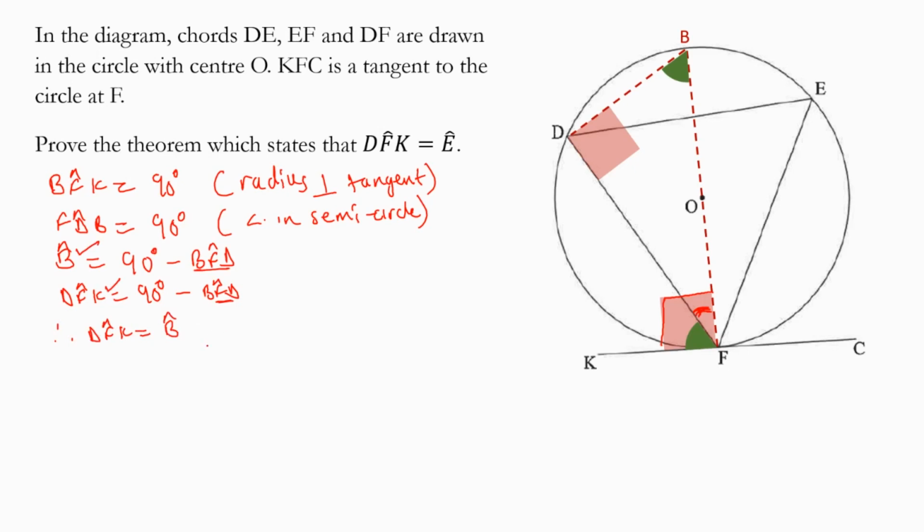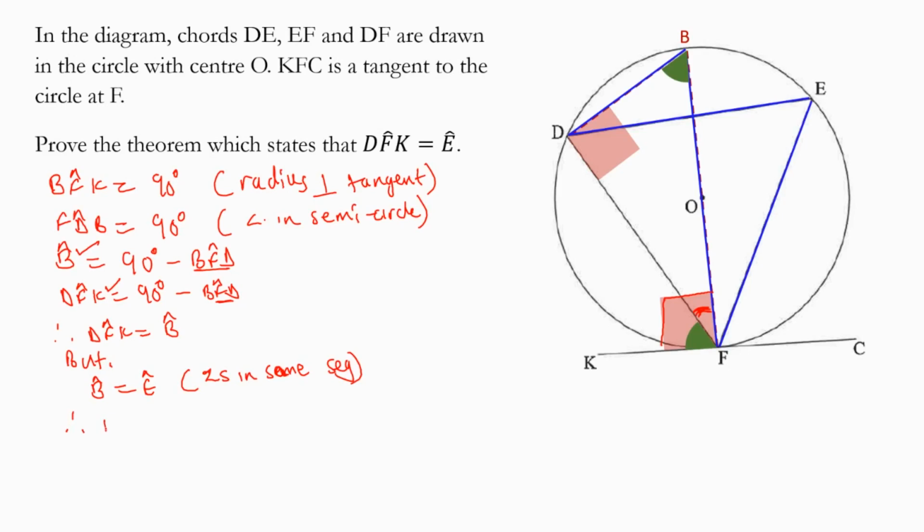But if you check, we have angle B subtended by the chord DF, and we have angle E subtended by the same chord. So angle B is equal to angle E because they are angles in the same segment.